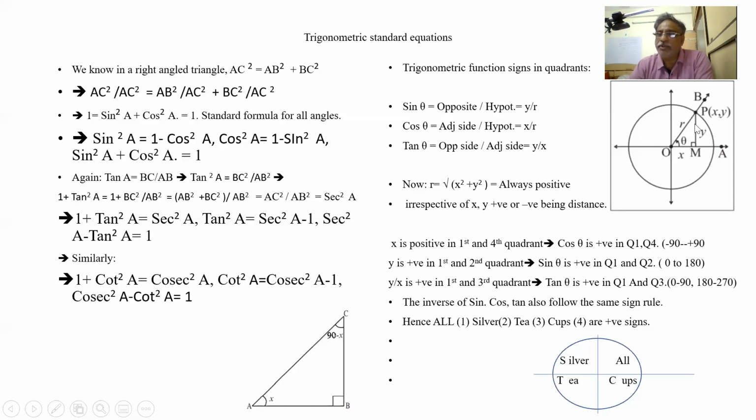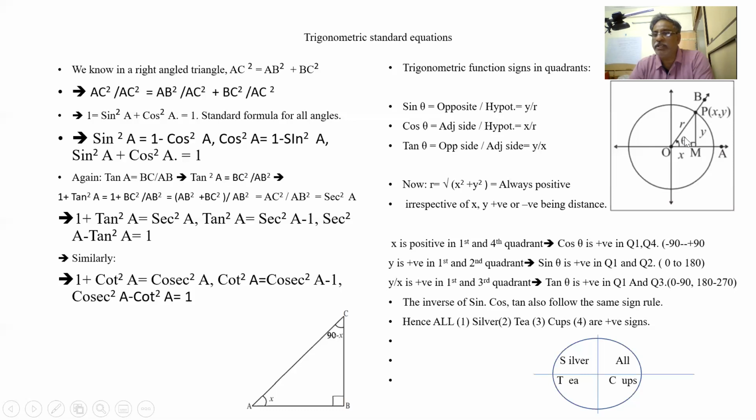Now y. Y is plus in the first quadrant and second quadrant because this is the positive y axis. So y by r in the first quadrant and y by r in the second quadrant are both positive. So sin theta is positive in both first and second quadrants. Now if you see cos theta, x is positive in the first and fourth quadrants.